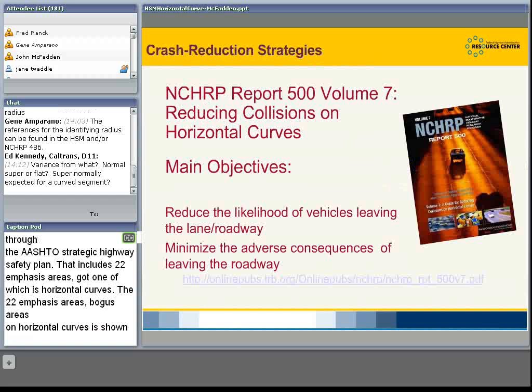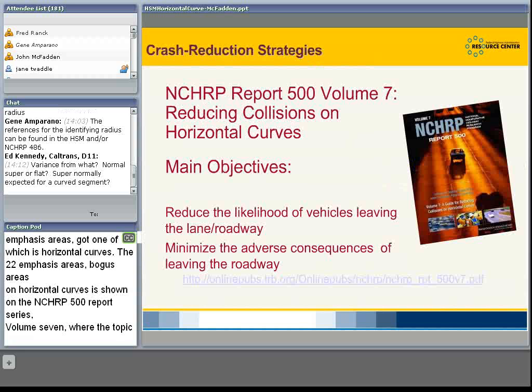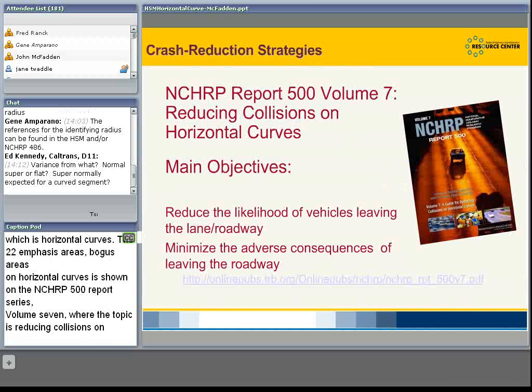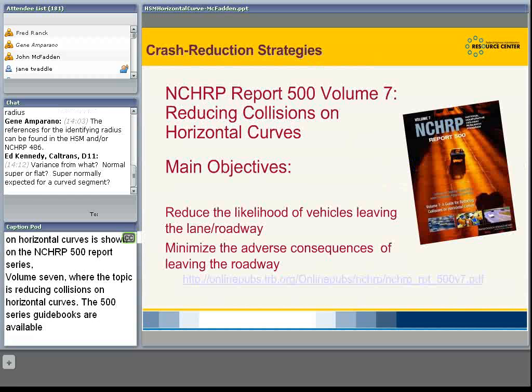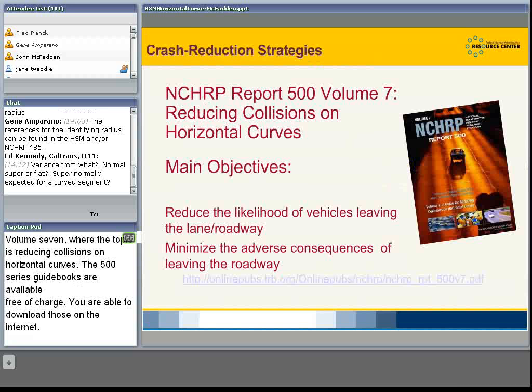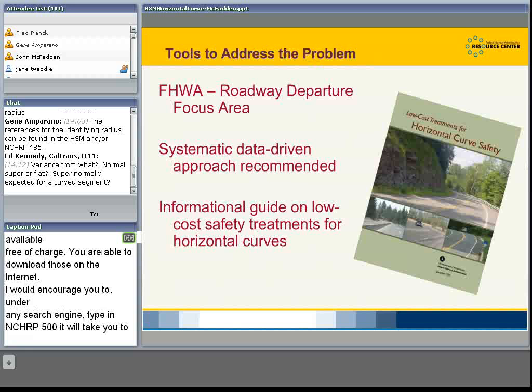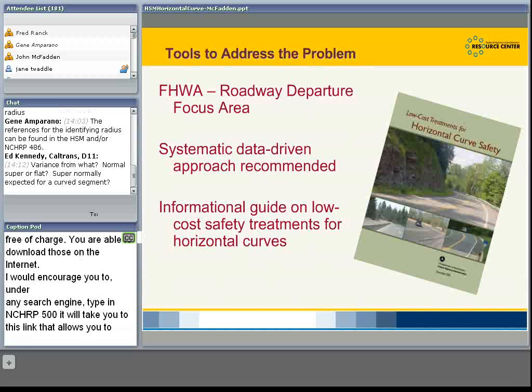One source to address it is through the AASHTO Strategic Highway Safety Plan, and that plan includes 22 emphasis areas, one of which is horizontal curves. The focus area on horizontal curves is shown here in the NCHRP 500 report series, volume 7, where the topic is reducing collisions on horizontal curves.